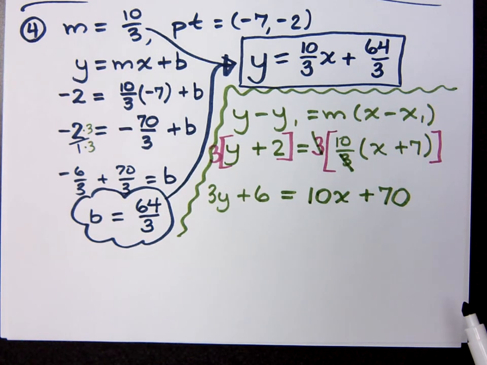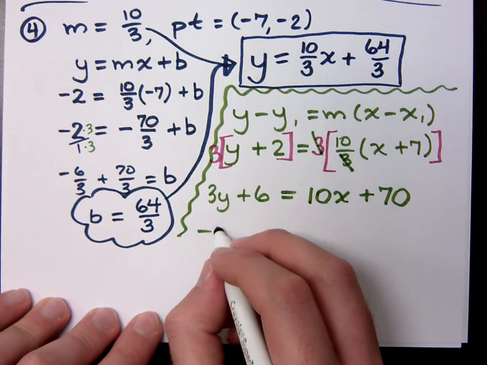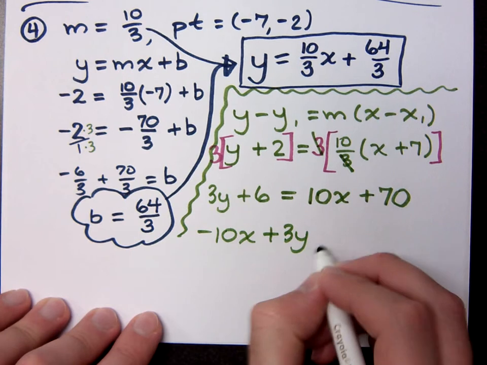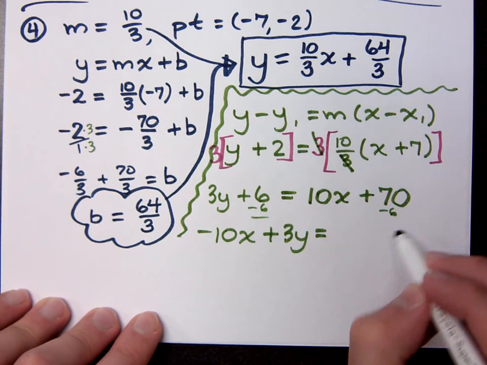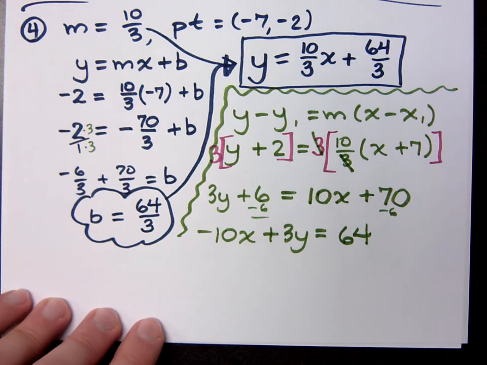Now at this point, it may be easier for us to go into the standard form. To go into standard form, I'd move the 10x to the left, so that's minus 10x plus 3y. When I move the 6 to the other side, I have to subtract that, and I end up with 64. Do you all agree?